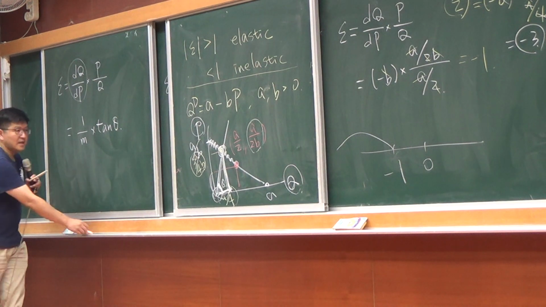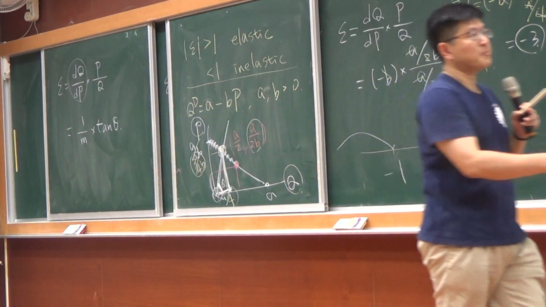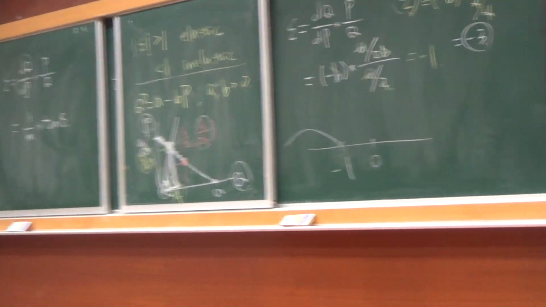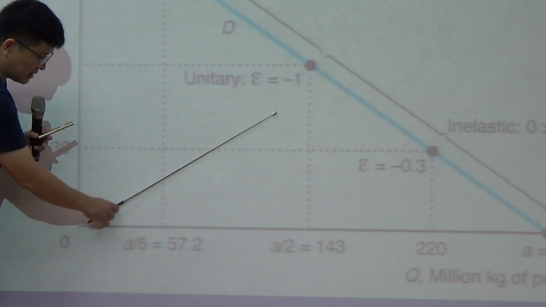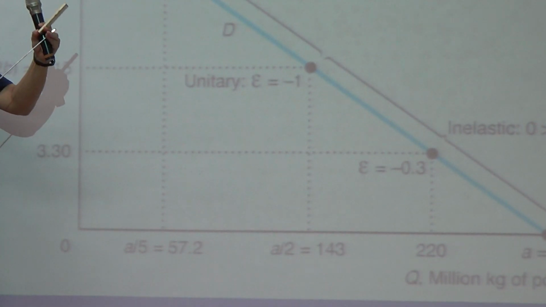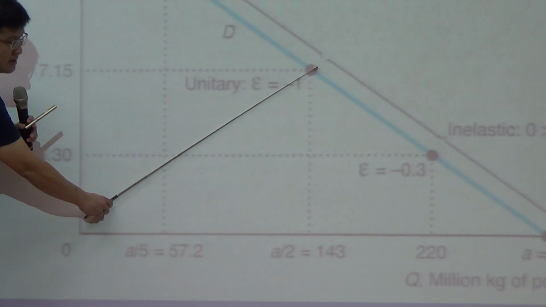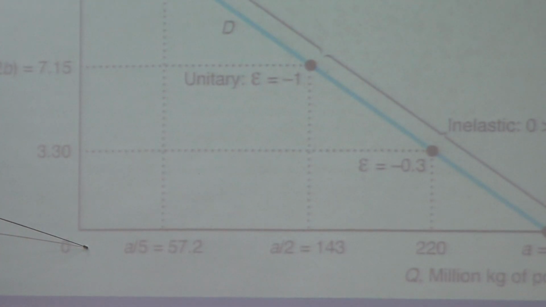Alright? So you'll see, when we are talking about a point at the midpoint, the slope here will be this divided by this. And tangent theta equals this over this, right?